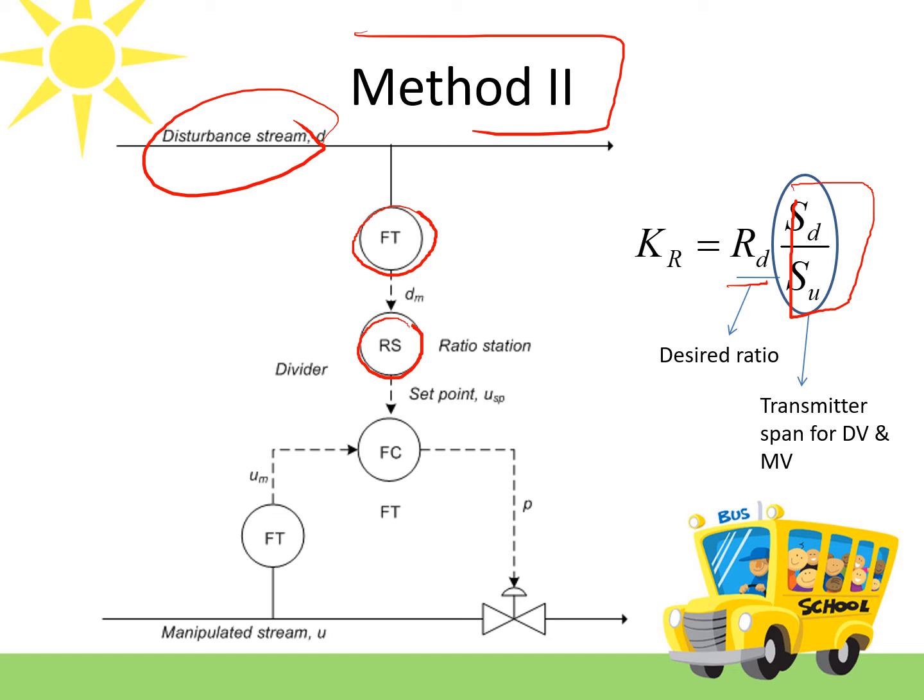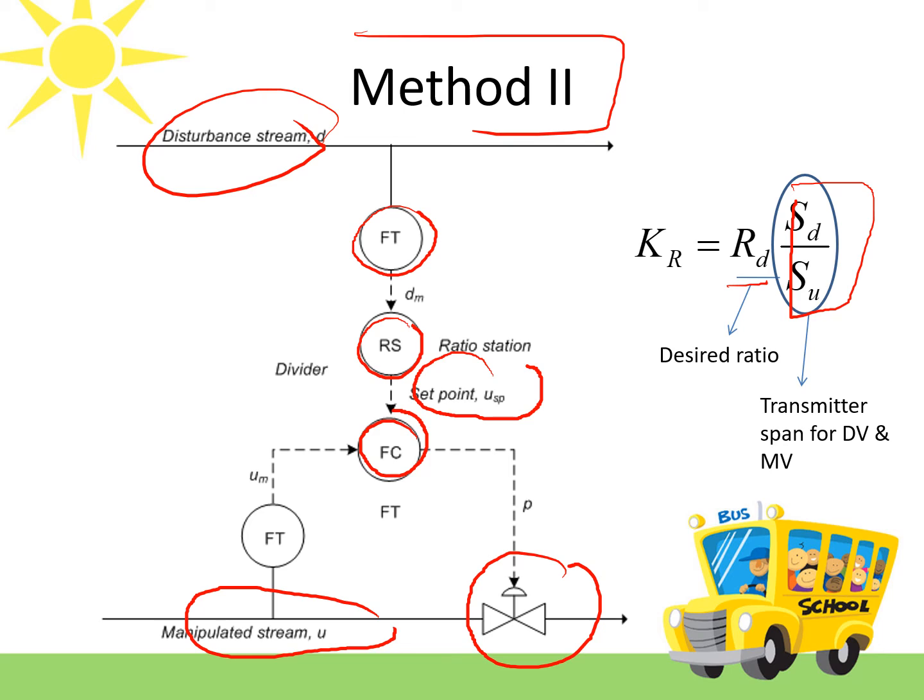The output signal from the ratio station is then used as the set point for the flow controller here, which then adjusts the flow rate of the manipulated stream U. The advantage of method 2 is that the process gain remains constant.